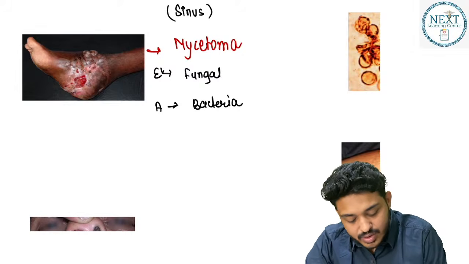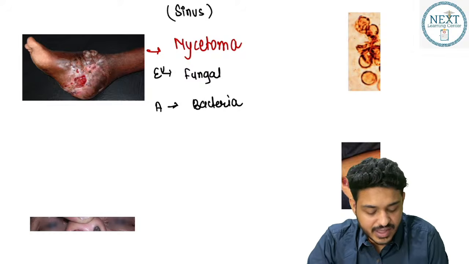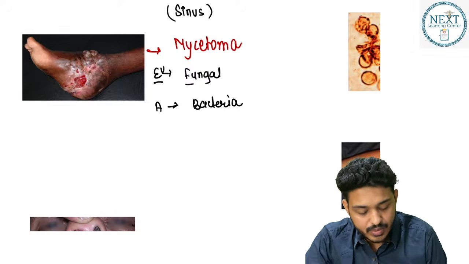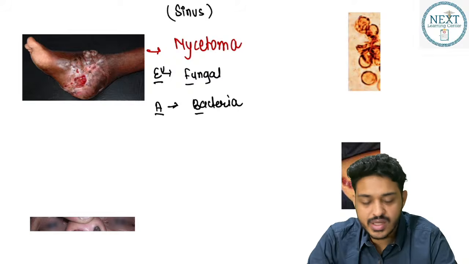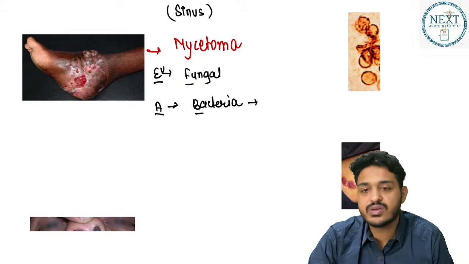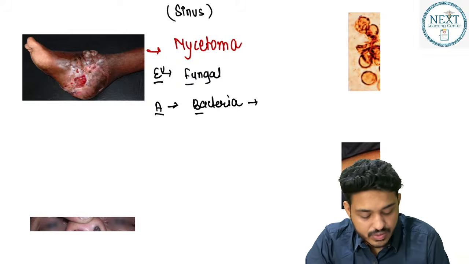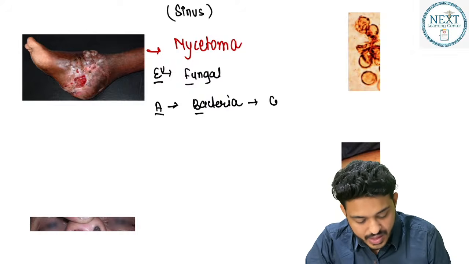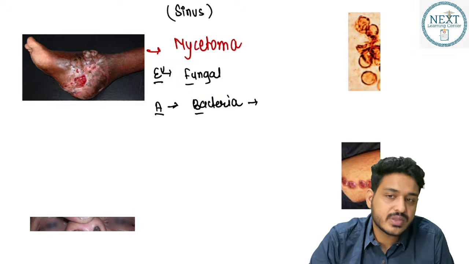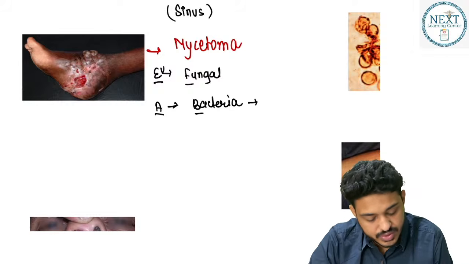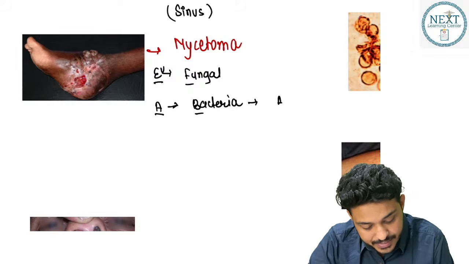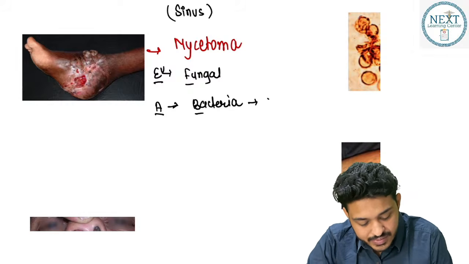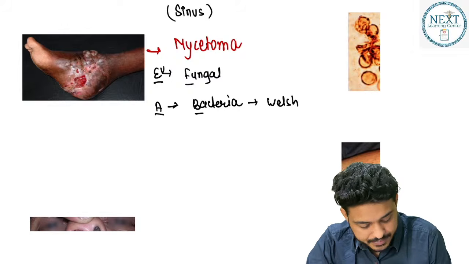Remember, if it is a fungal infection, it is eumycetoma, with E and F. And actinomycetoma, if it is a bacterial infection, you can give antibiotics. You can use the Welsh regimen. You can use cotrimoxazole, which is a combination of trimethoprim plus sulfamethoxazole. You can also use what? Amikacin, right? So this is where we are going to use the Welsh regimen.